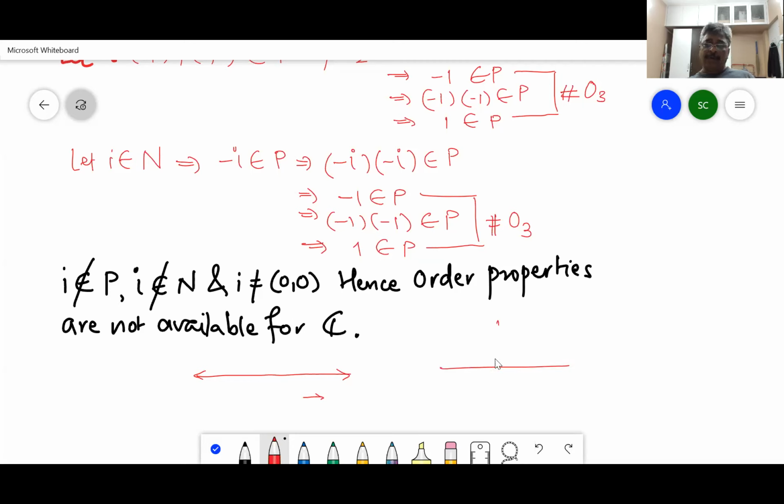When you enter into a plane, we will not be able to say A is right of B, left of B, up of B, down of B. We will not be able to say that. And therefore, it is obvious that we lose order properties.